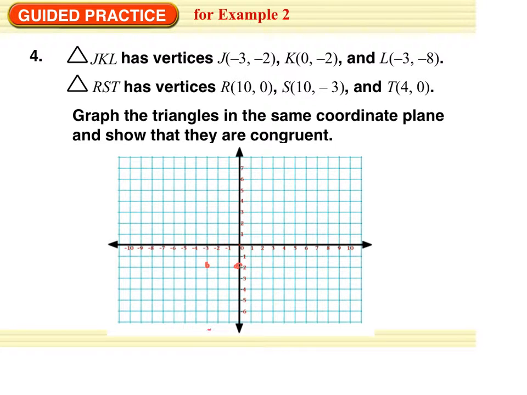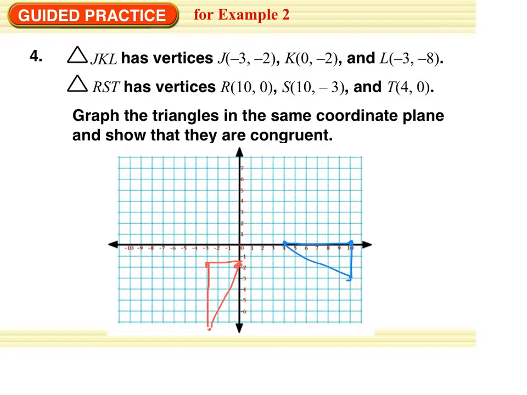And that one goes off the graph. But I'm going to connect my dots and make my triangle. Now I'm going to do the other one, the RST. So 10, 0, 10, -3, and 4, 0. Connect the dots, make your triangle.